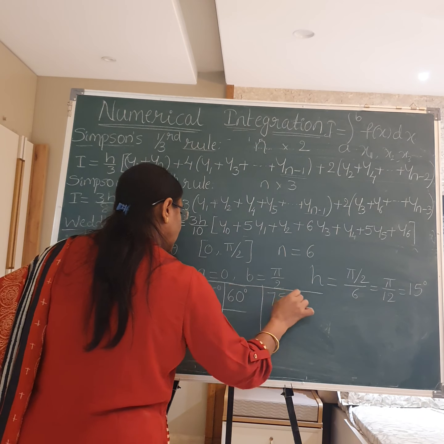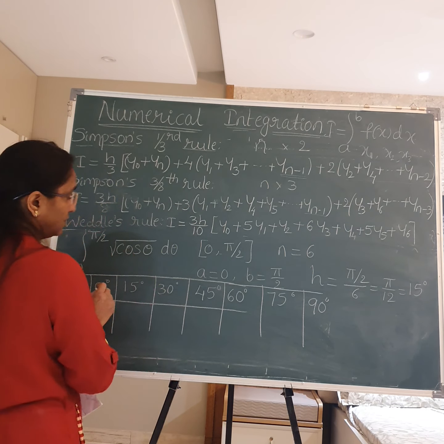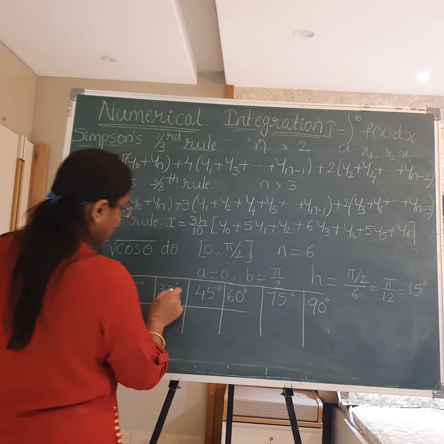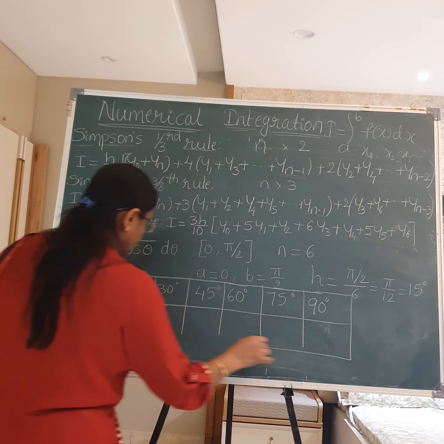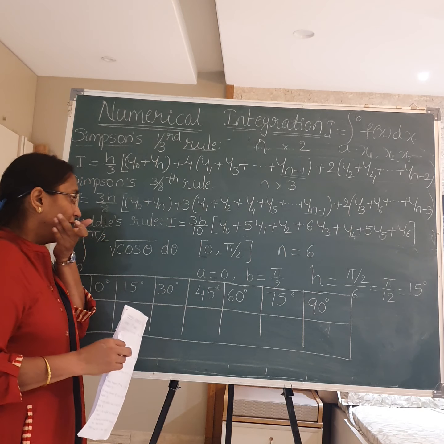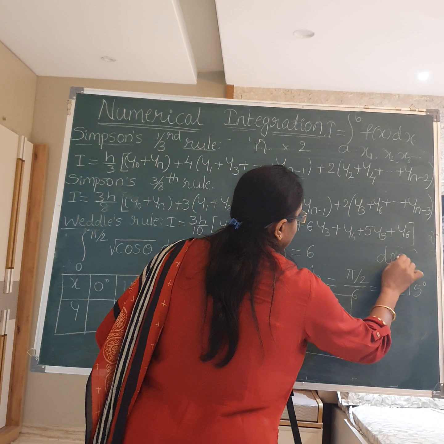These are all in degree. Then 90. Just check there should be 7 values. Now here root cos theta is there. So keep your calc in degree mode because we are taking degrees.